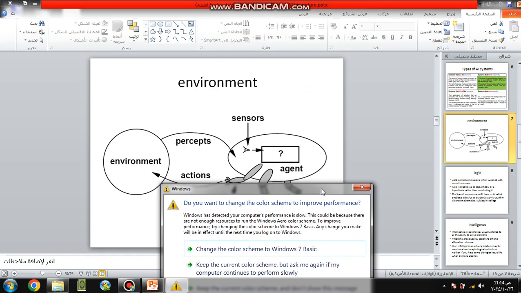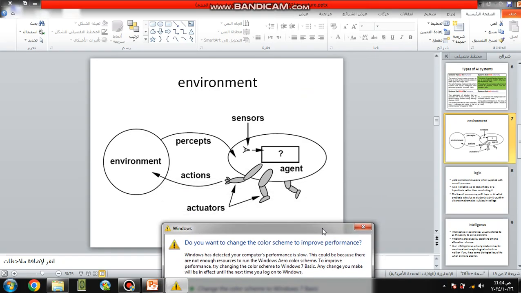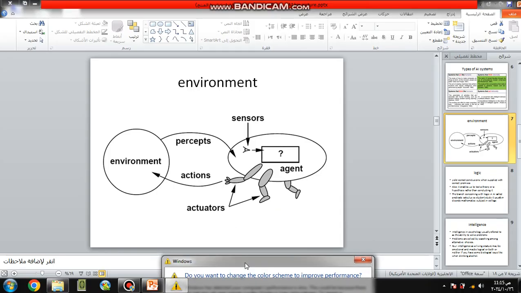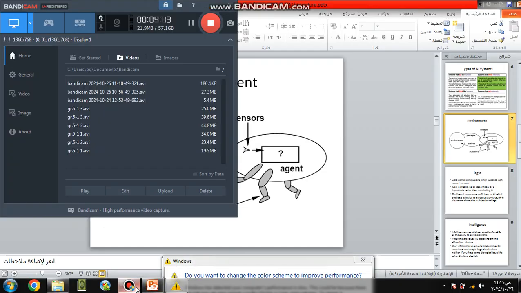Okay, and we do actions using algorithms that print text and stuff like that, and these actions are intelligent as well, but we're not doing it as hardware or as an action in real life.